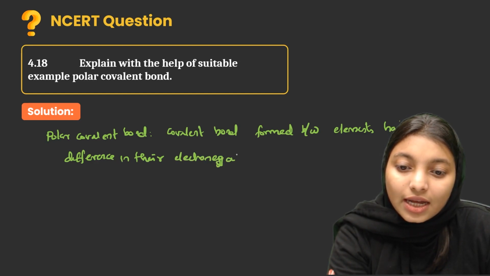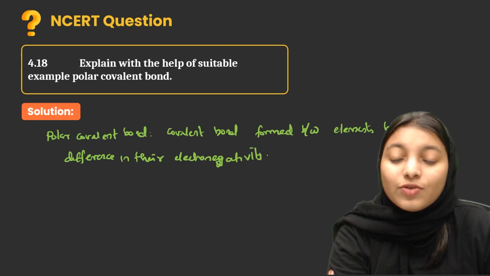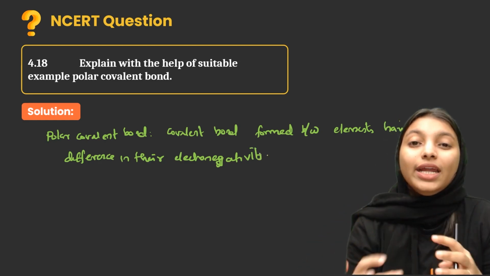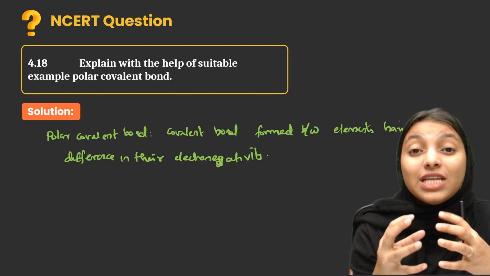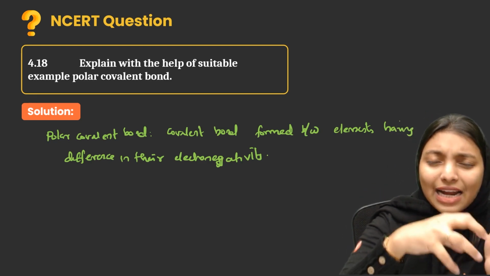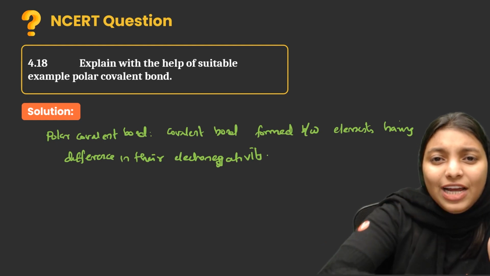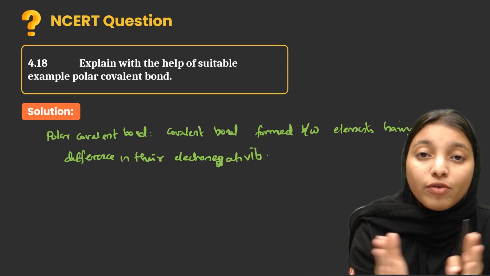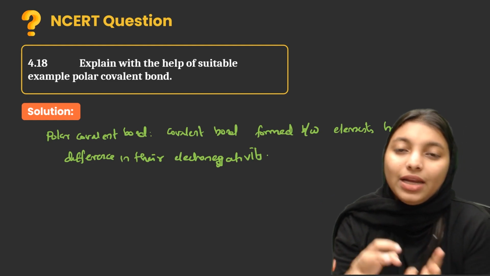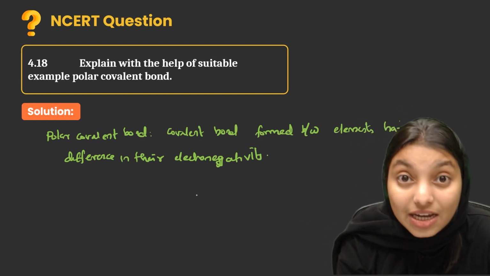If there is a difference in the electronegativity of the bonding atoms, what will happen? The one having more electronegativity will try to take the shared pair of electrons towards itself. The shared pair of electrons will not be at the center. They will be nearer to the more electronegative element.